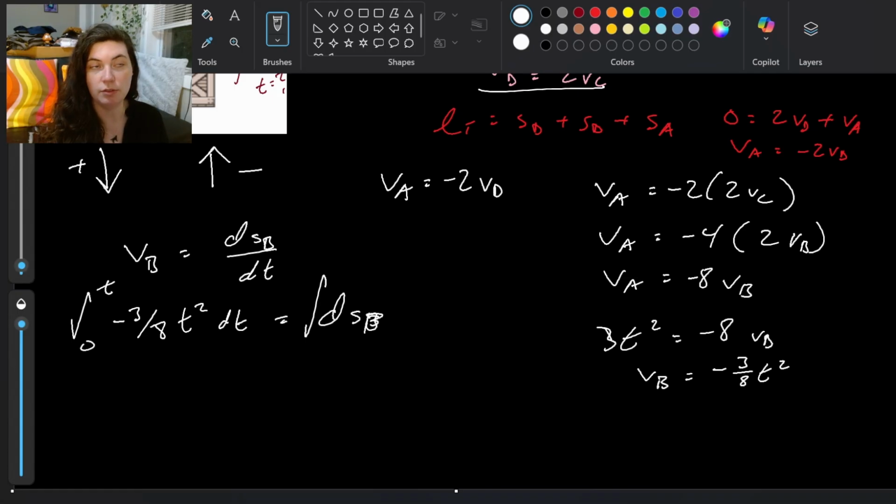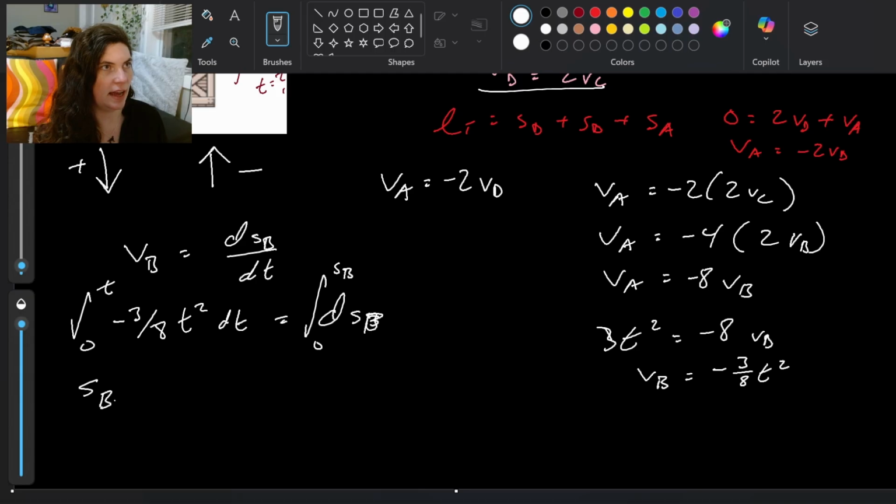With our time side being from 0 to t, because we're looking for the time, we don't know what that is. For SB, I could plug in that 7 now, but I'm going to wait and plug it in at the end. I'm just going to go 0 to SB for a general equation, so that I can get the general relationship between position and time.